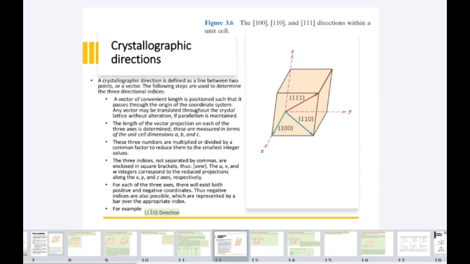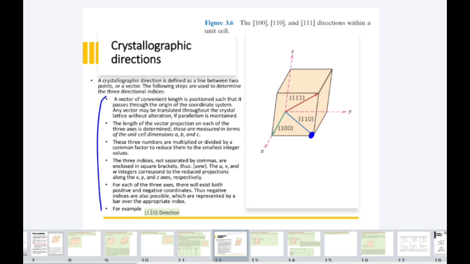So what we do in the crystallographic direction is defined as a line between 2 points or a vector. So the following steps are used to determine the 3 directional indices, in the x-axis, the y-axis, and the z-axis. We use these steps. So the steps are what? Wherever there is a point, right? Let's say we have this point.